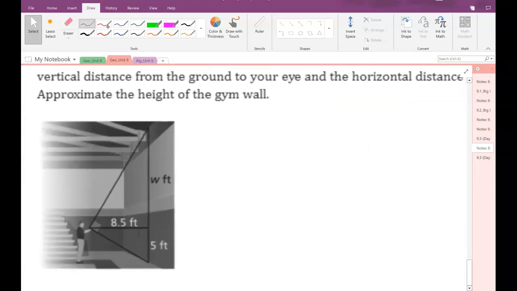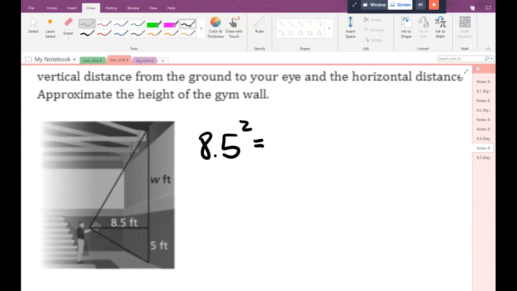So I can use this 8.5 and say, well, 8.5 squared, 8.5 is an altitude. I can say that's equal to my two segments multiplied together, W times 5. So 8.5 squared is equal to W times 5.